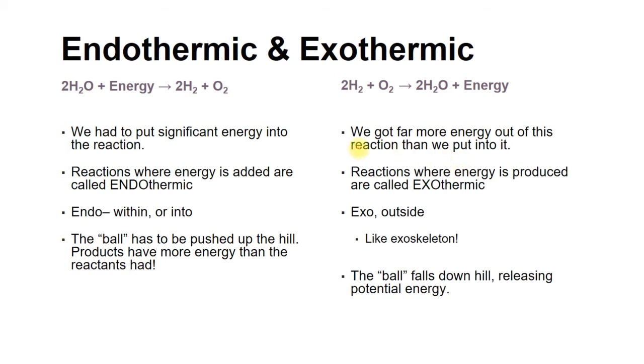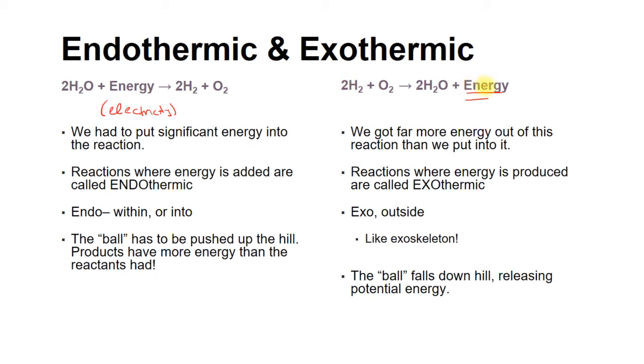So this reaction where we put energy in, in the form of electricity plugged into the wall, that is called an endothermic reaction, and we can actually write energy as a part of the reaction. It would be a reactant here. It needs to go in to make it happen. In this other case, the energy that gets produced is the fire, the light, the heat, the sound, all of that.